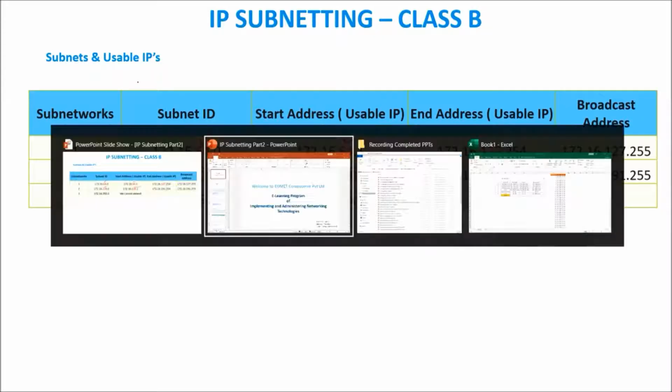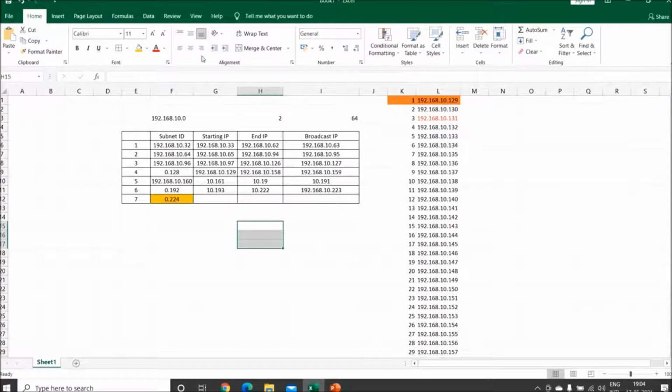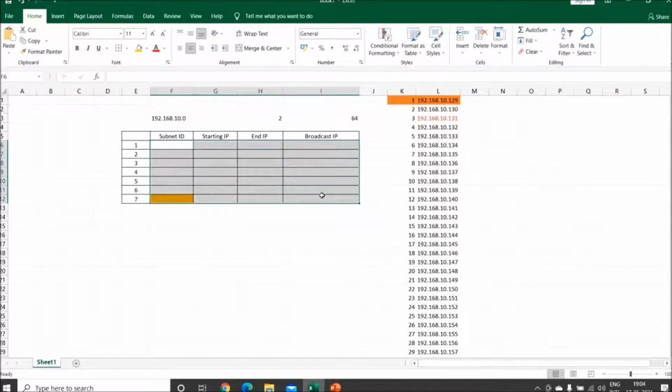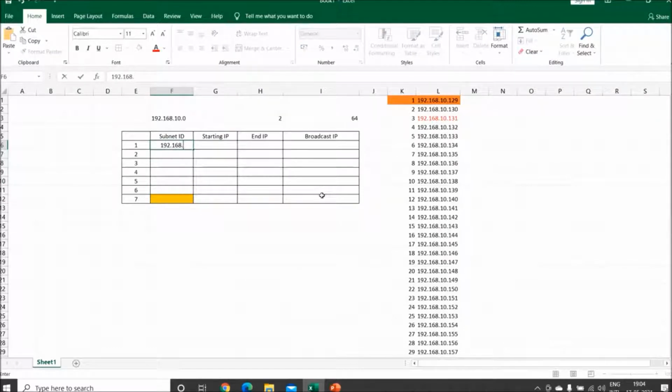If you take the table, 192.168 dot, sorry, this is a class B address: 172.16.64.0.